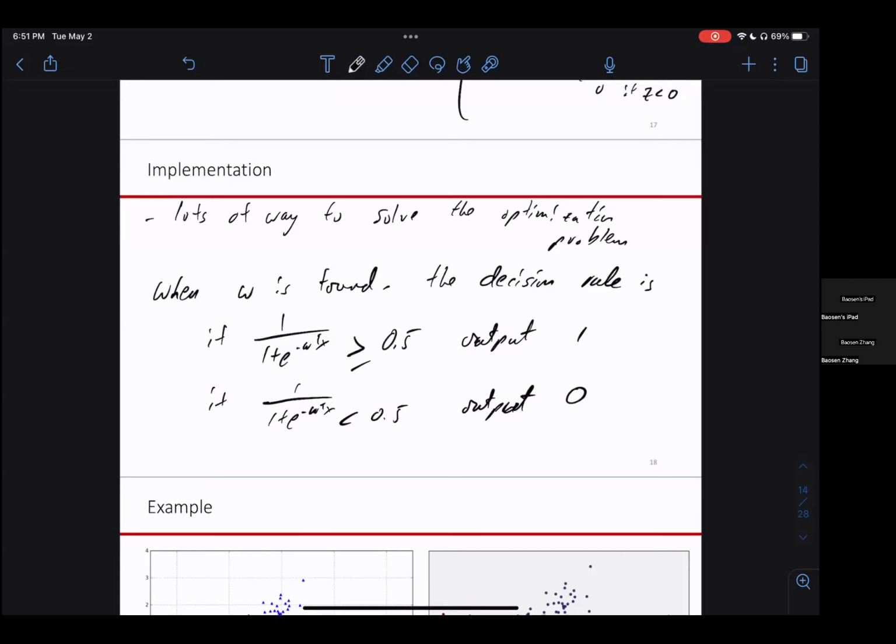Okay, any other questions? So you can put the equal sign anywhere you want. It can be put into this one, or you can have this less than or equal to 0.5. It doesn't really matter, it's convention. You can also say if this is equal, flip a coin. The equal sign goes wherever you want it to go.